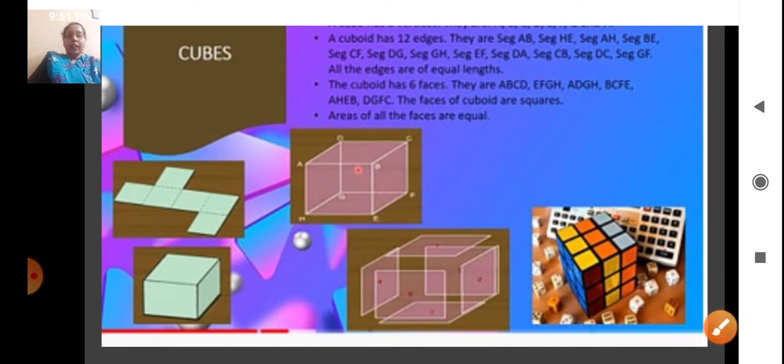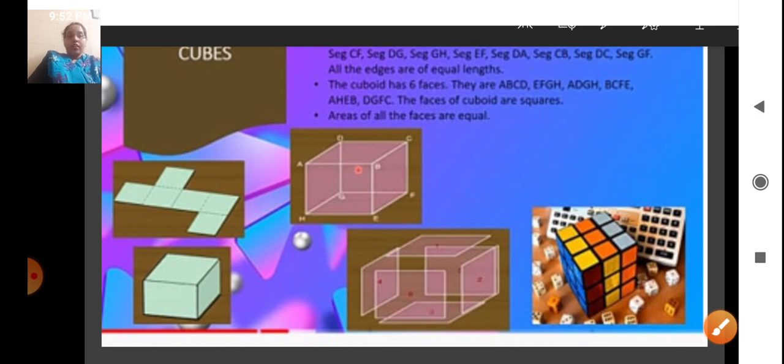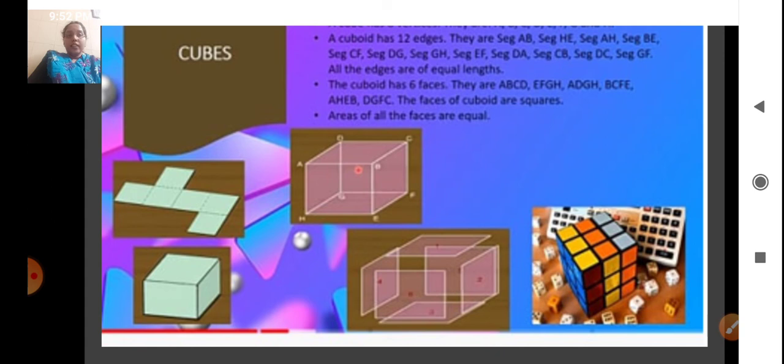Let me mark it for you. Okay, children, now the last one is DGFC. So there are 6 faces of a cube, 12 edges and 8 vertices.